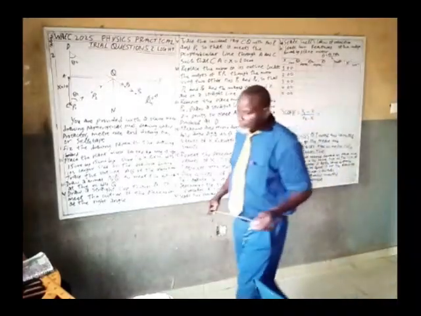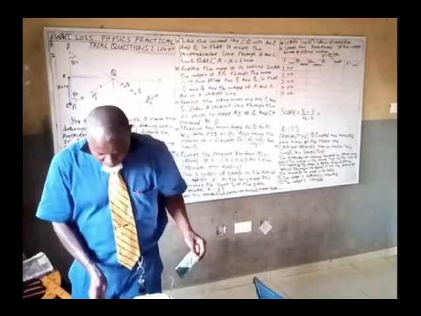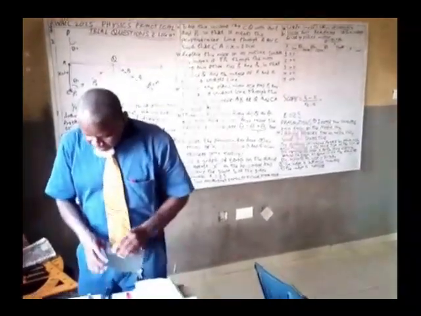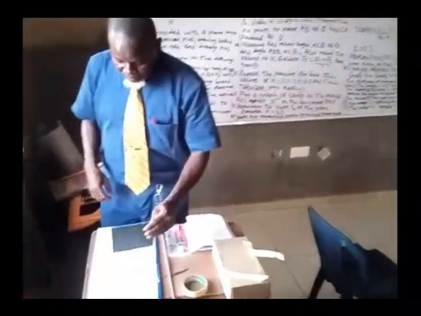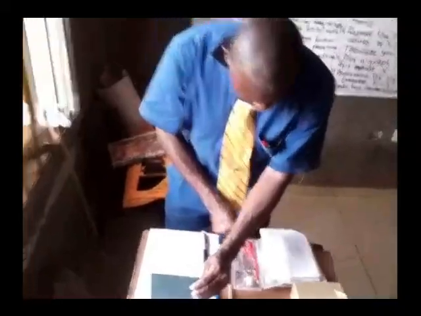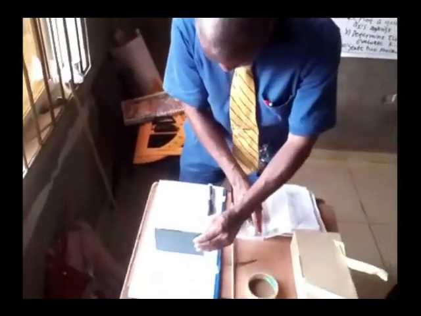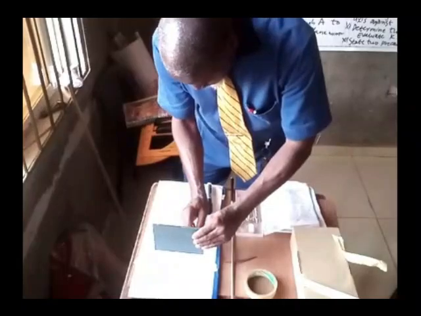Now, this is the plane mirror which we are directed to place on the drawing board and trace. You see, if you don't hold it, it will fall down.